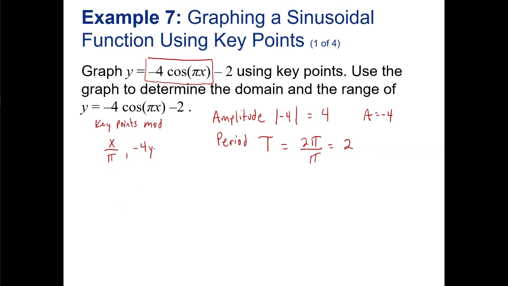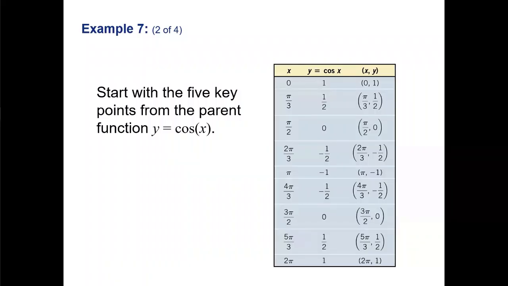Okay, we call that our modification, or our key points mod. The key points that we'll start with for the regular cosine are 0, 1, pi/2, 0, pi, -1, 3 pi/2, 0, and back to the 2 pi.